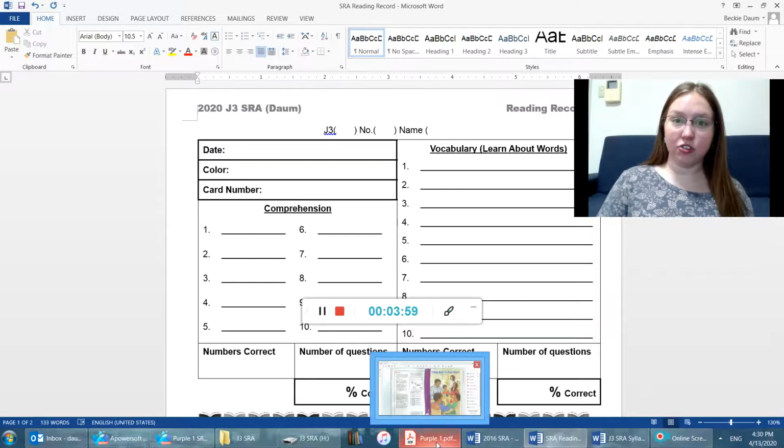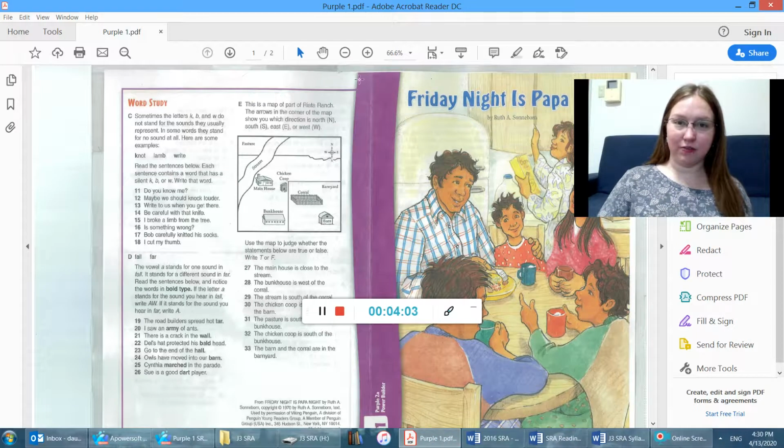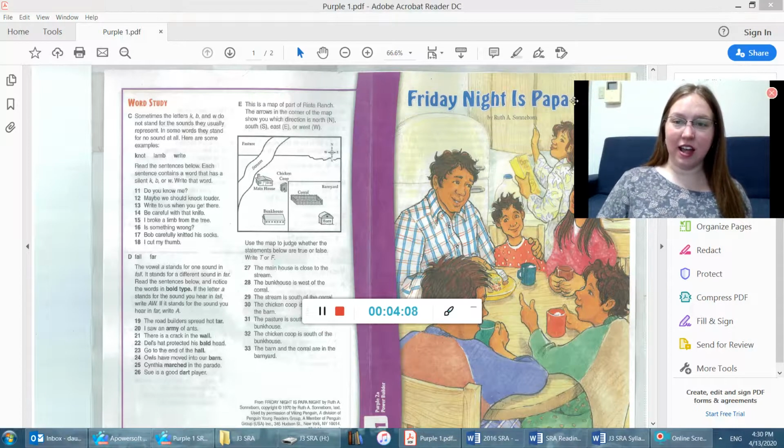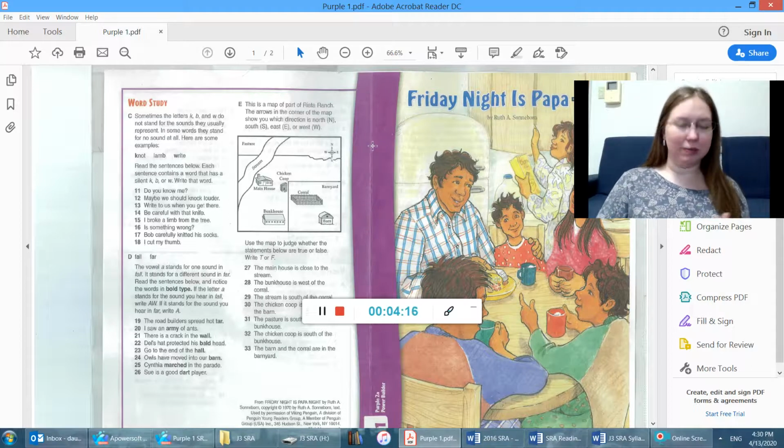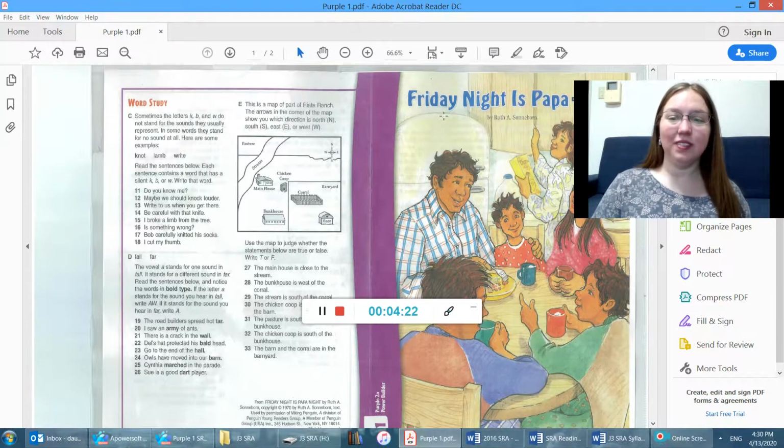So the first story we will read is this one. Friday Night is Papa Night. And this story is Purple 1. It's a low, medium level, and it's the first story we will read in that level.